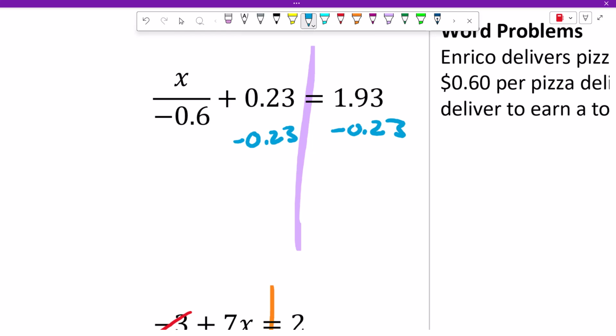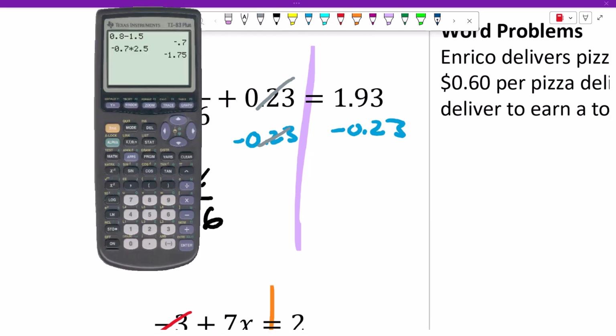The 0.23s go away. You're left with x over negative 0.6 over here. And on the other side, grab our calculator. 1.93 minus 0.23. We get 1.7.